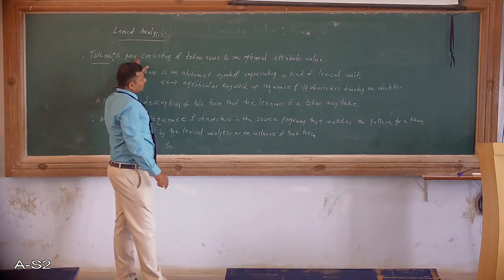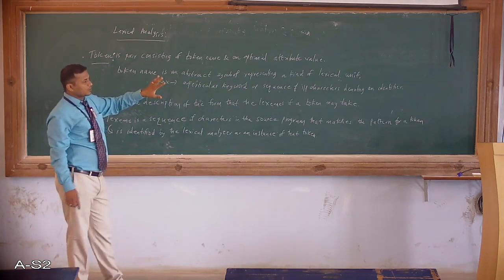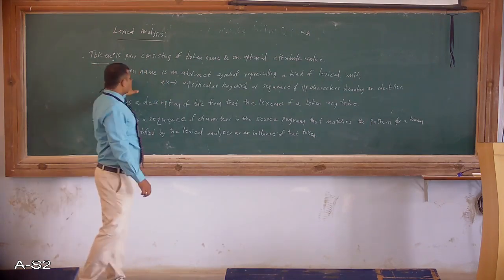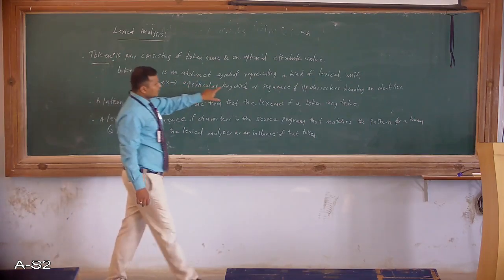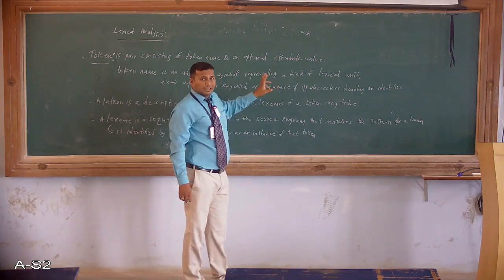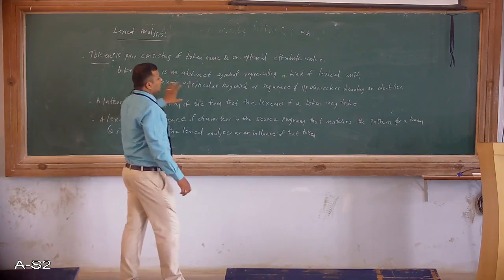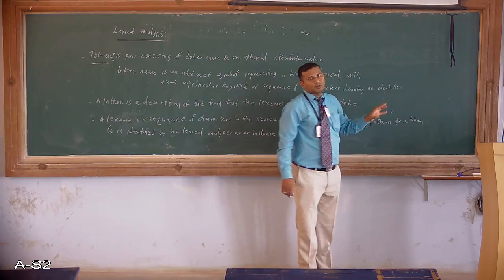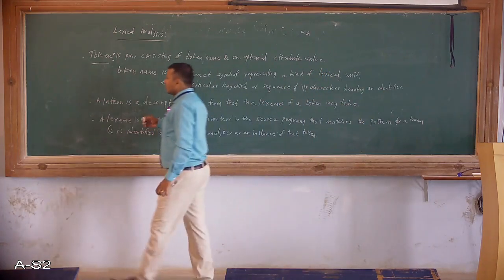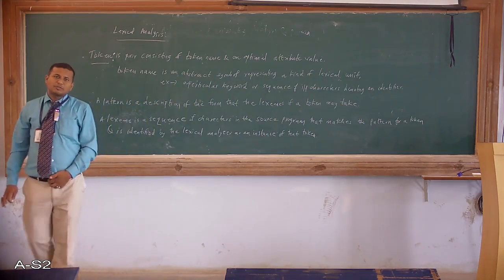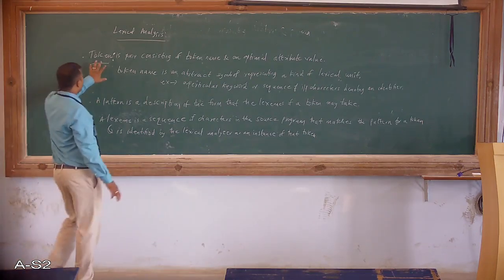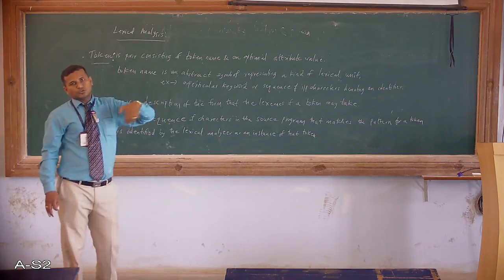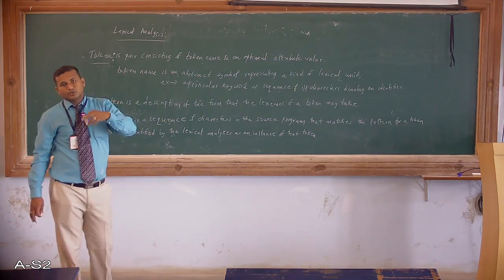The token name is an abstract symbol representing a kind of lexical unit, for example a particular keyword or a sequence of input characters denoting an identifier. Generally the keywords or sequences of characters we call a token, and the token generally has a name associated with the value assigned to it.